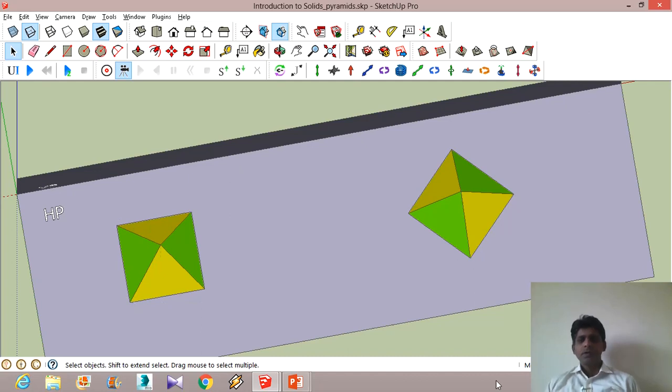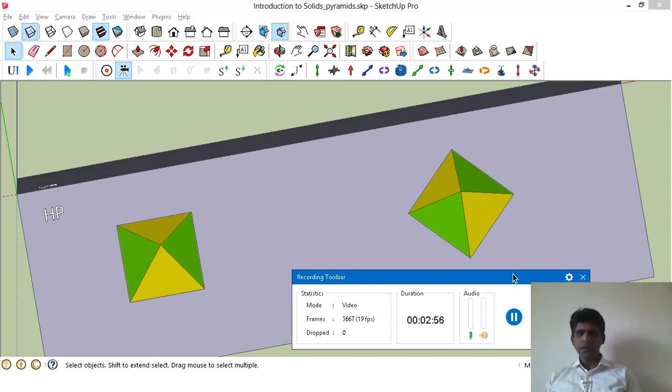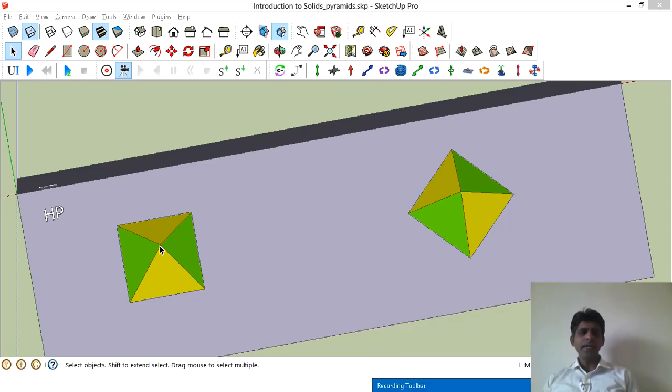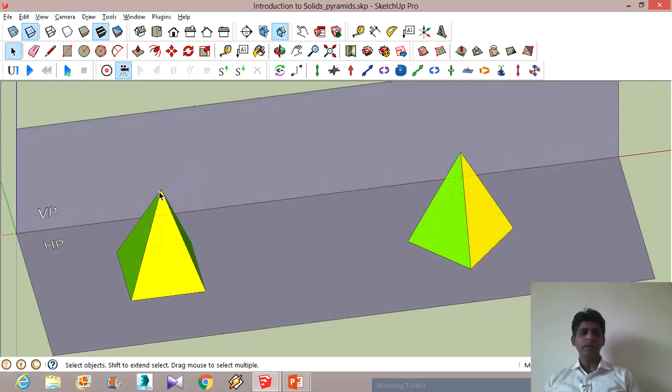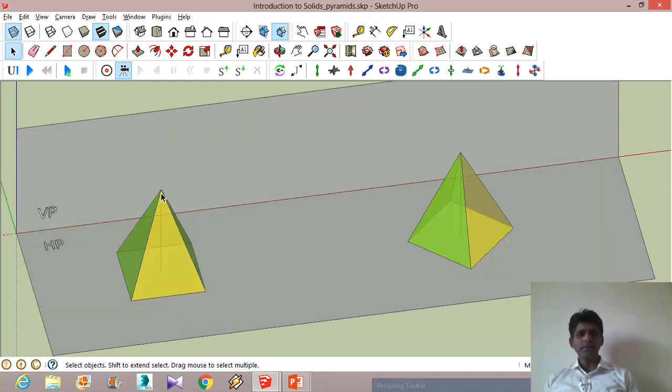So if these slant edges meet at one point, that point is the apex of the pyramid. Usually the length of the axis will be given in the problem, and the length of the edges also will be given.